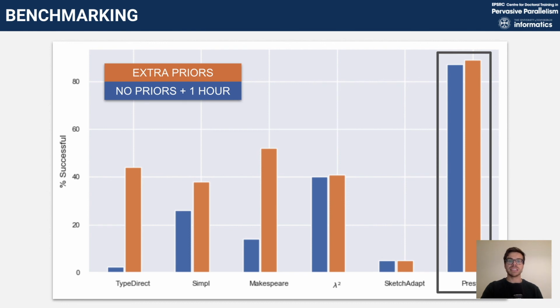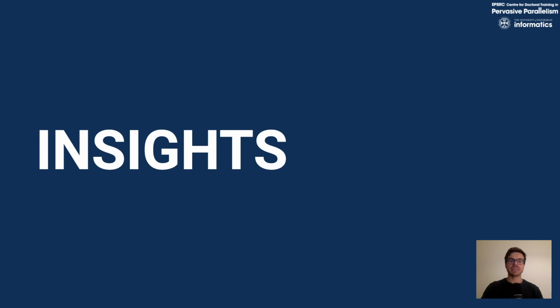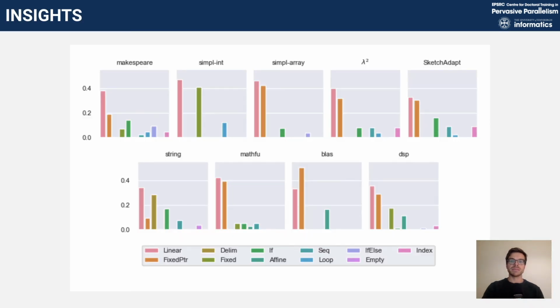As well as these promising synthesis results, we used Pressin's learned models to get some interesting insights into the structure of the benchmarks we evaluated and where synthesizers succeed and fail on them. For example, we looked at the distributions of fragment types encountered in each set of benchmarks.